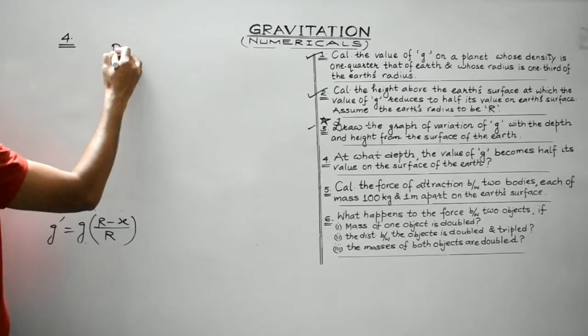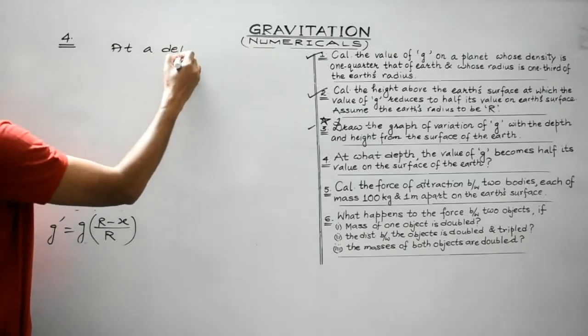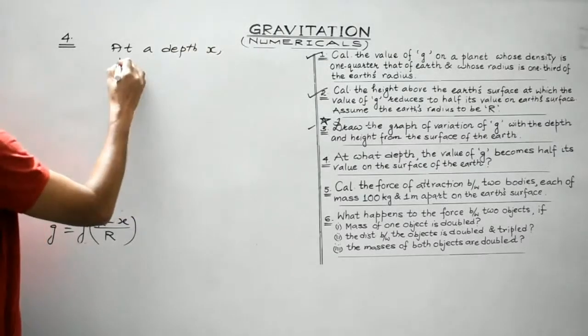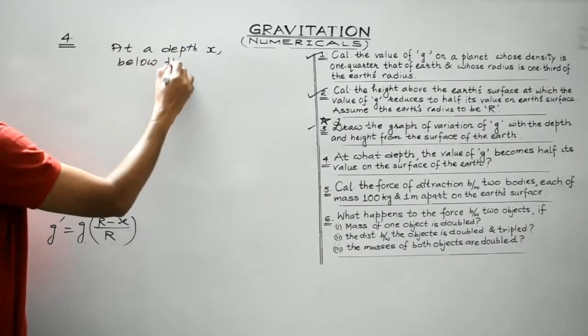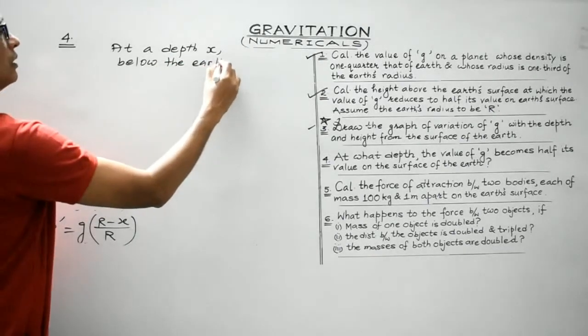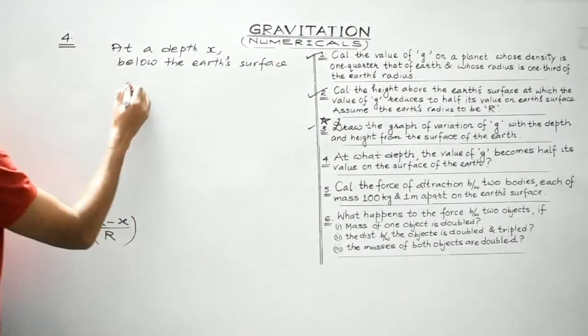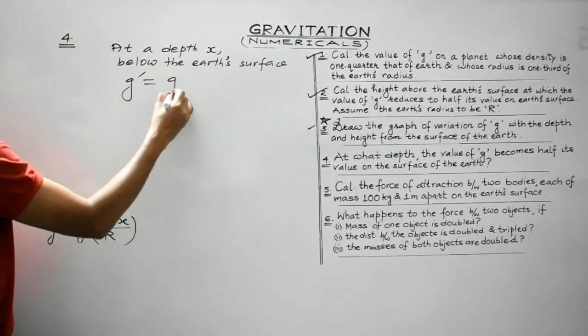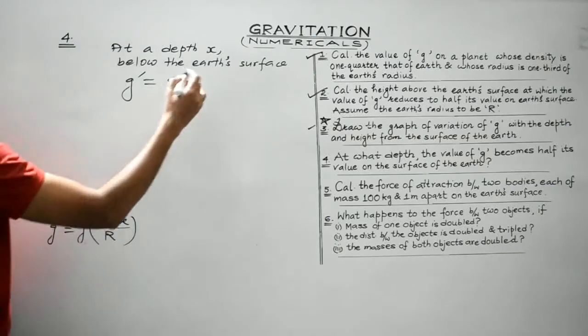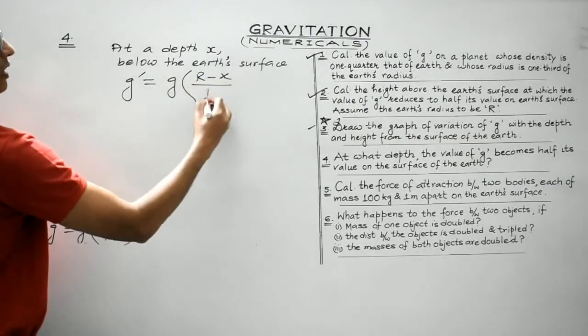At a depth x below the Earth's surface, the value of acceleration due to gravity is given by g(1 - x/R), or g(R - x)/R.